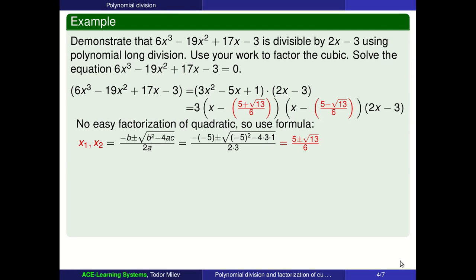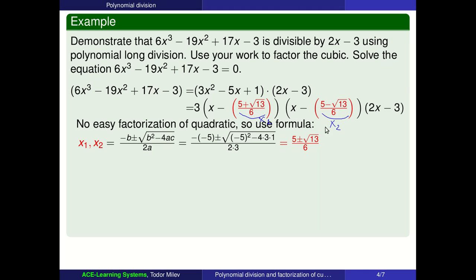So our two roots are 5 plus radical of 13 over 6 and 5 minus radical of 13 over 6. Say this is the root x1 and this is the root x2.